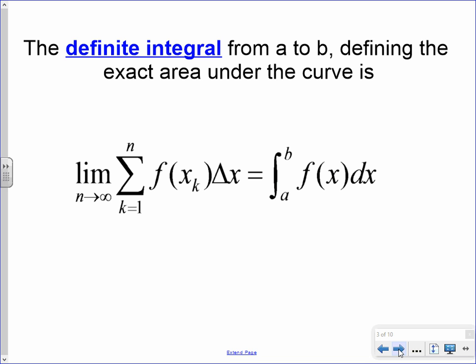A definite integral from A to B is actually finding the area under the curve, like we've been doing with our rectangles. So when we find the area of these rectangles under the curve, we're actually finding a definite integral from A to B. So now we're putting numbers on our integral.